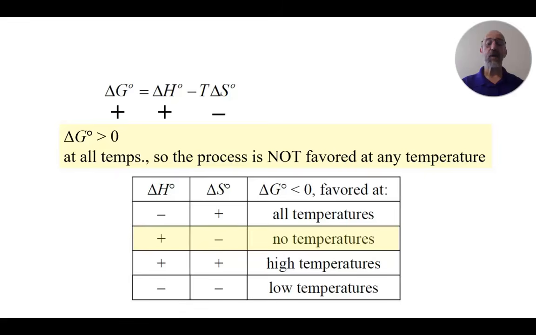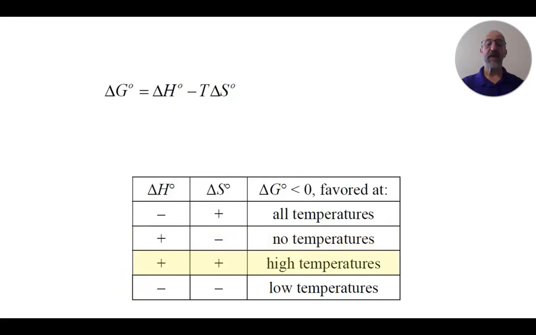And the next row of the table involves the following situation. Suppose that the sign of delta H is positive and the sign of delta S is also positive. Well, now we can't say for certain whether the sign of delta G would be always negative or always positive, so it depends on the value of T, the temperature.